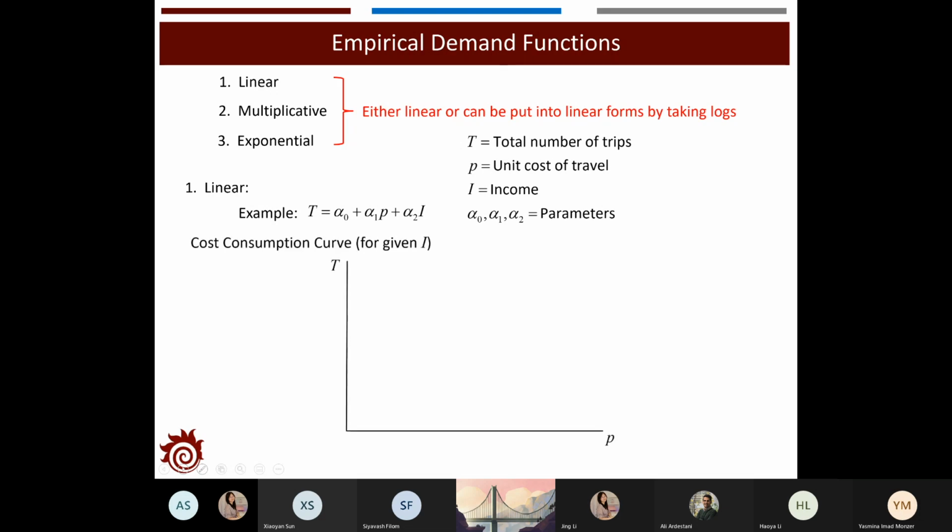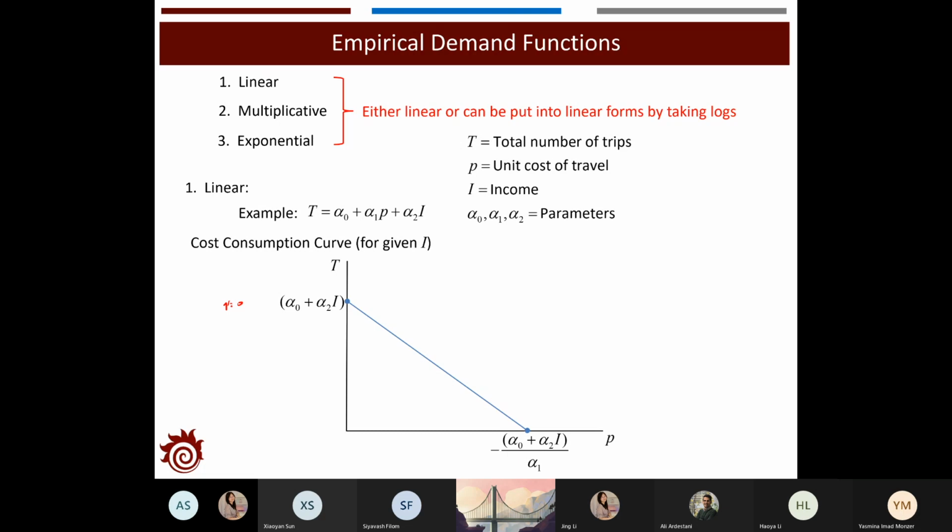And with that, we can then draw the cost consumption curve with a given value of I. So we assume that the income level is constant. In this case, when p equals 0, so the price equals 0, we get the highest number of trips.